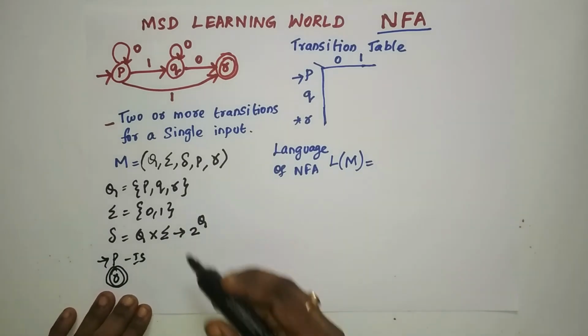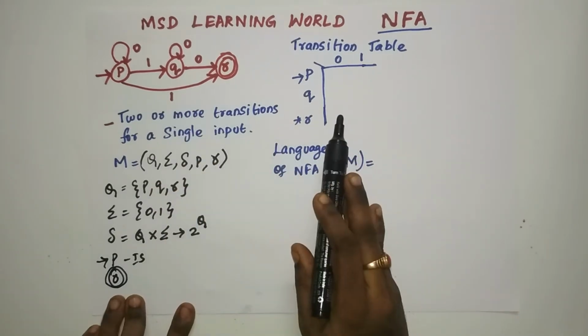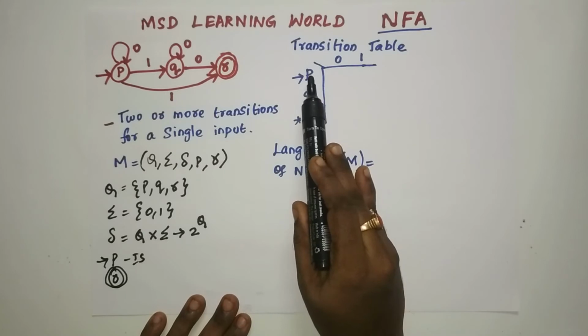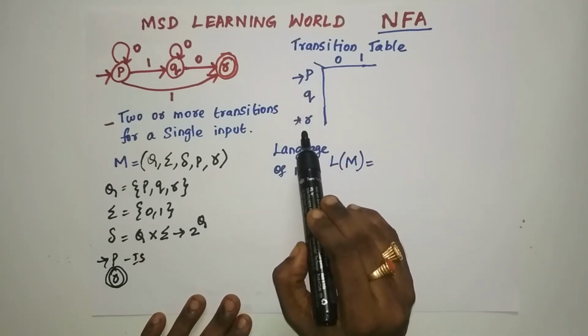Now this is the machine description. Now how can this transition diagram be represented in the transition table? Here your input symbols are 0 and 1. The states are P, Q and R. P is the initial state and R is the final state.